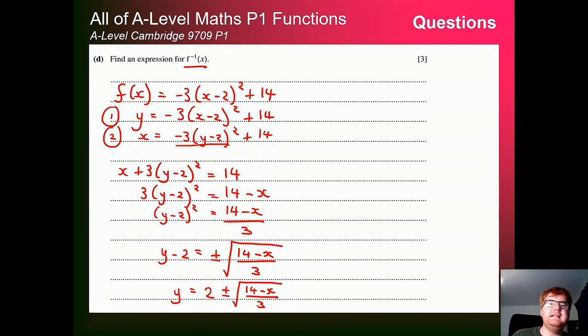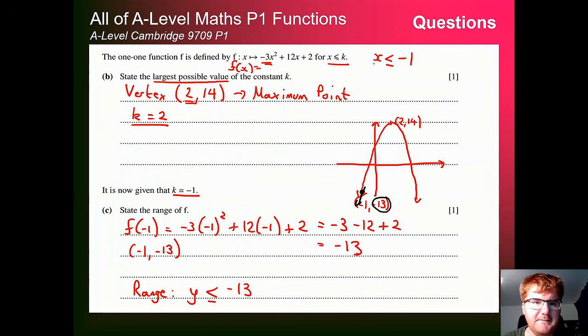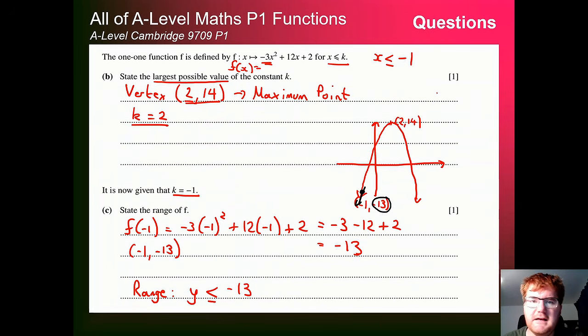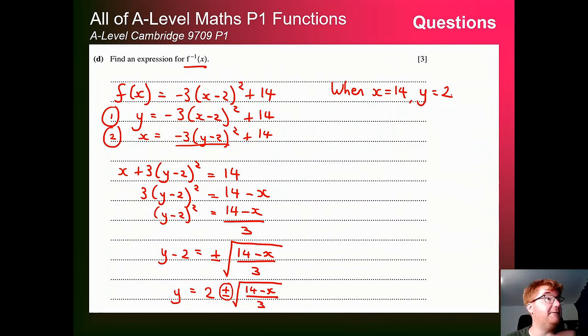Okay, if that was a little bit on the fast side, do look at the previous example that I went through a little bit more slowly. Now here again we've got two choices. It could be a positive or a negative here. Again, we use a coordinate we've already seen. So again, we can use a vertex. That seems a fine thing to use. So we want to work the other way around. So when x is equal to 14, we want y to be equal to 2. Because that's the definition of the inverse.